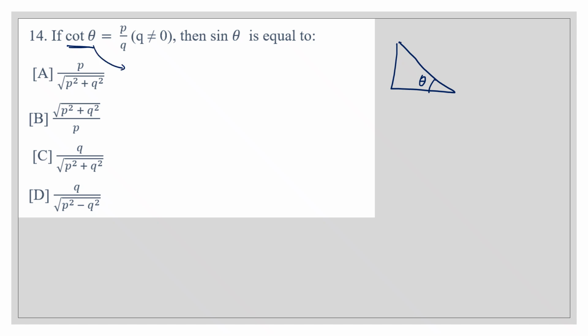Cot theta is the reciprocal of tan theta, and tan theta is Q by P. Let me name it as A, B, C. Now, the opposite of tan theta is adjacent.